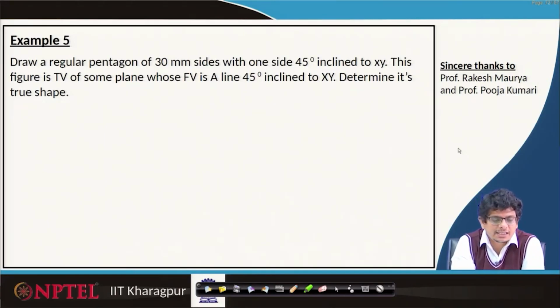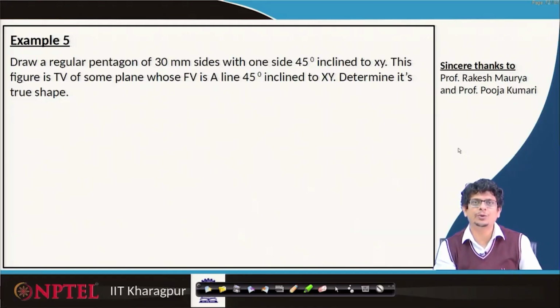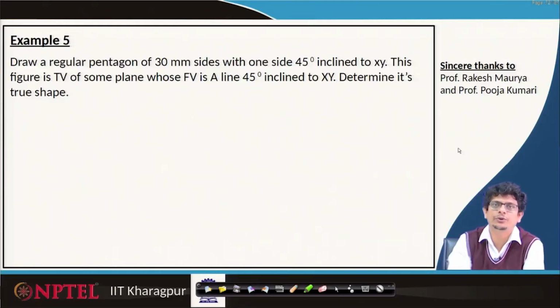If that is the case, determine its true shape. We do not know anything about true shape here, but we know the front view and top view of some object. If we know the front view and top view, is there a way we can determine what it might be in true shape?